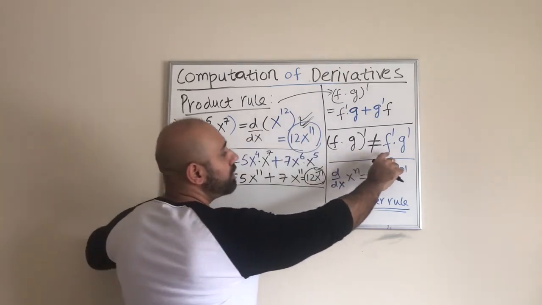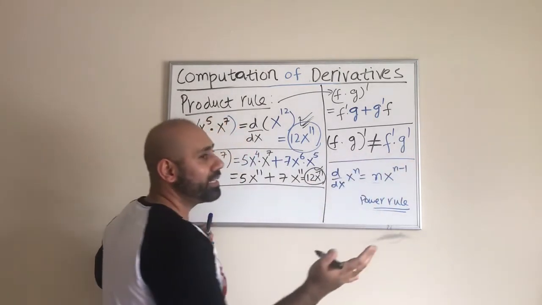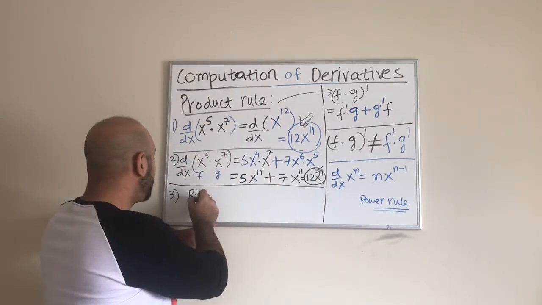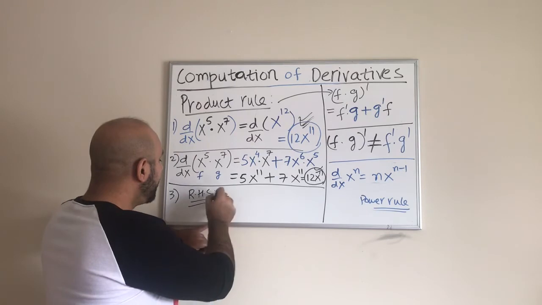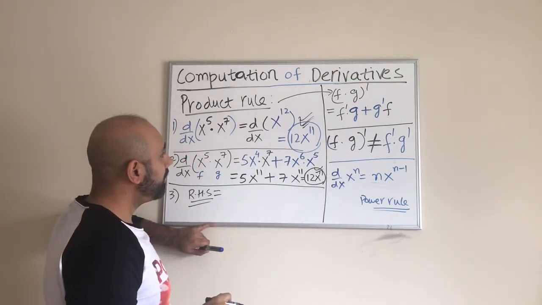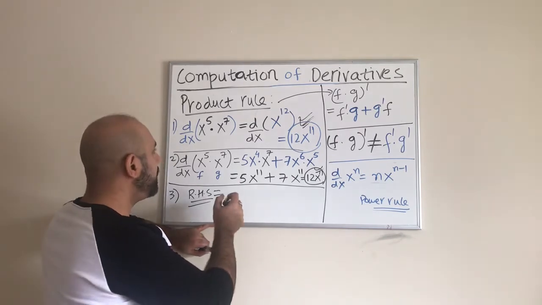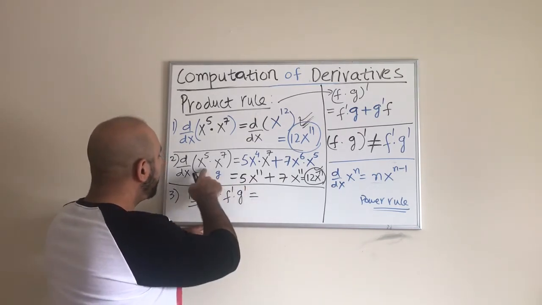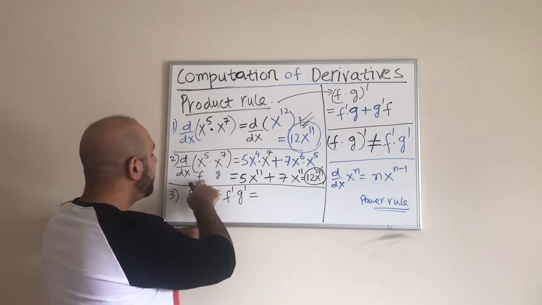Now let me try to simplify the right hand side and see what I get, right? Okay. So f prime, the right hand side. I'm going to just work with the right hand side. Guys, I already have the left hand side here. So the right hand side is f prime times g prime. What is my f function? x to the power 5. Let me take the derivative of this.